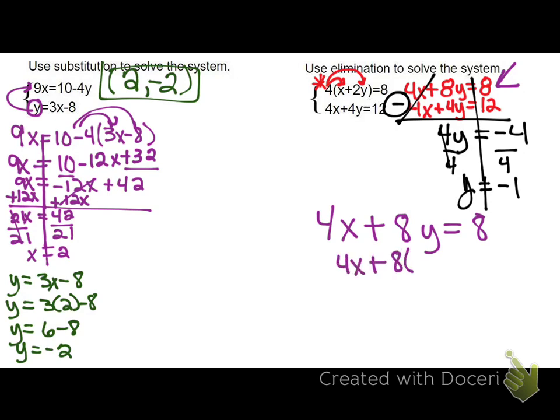So 4x plus 8 times 8 equals 8. There's a lot of 8's there. Okay, next step. Riley took 8 times 8 and got 64. Ben, you said y was negative 1. And why did I put 8 in there?